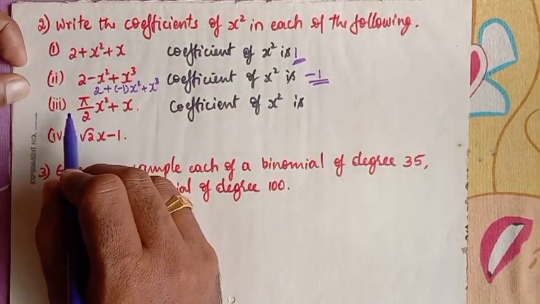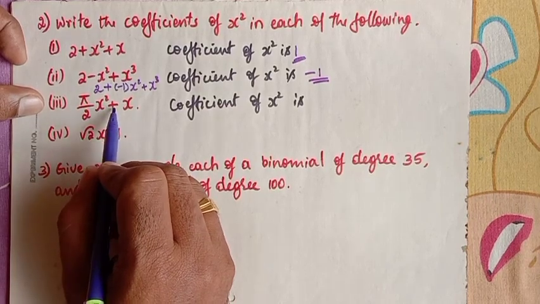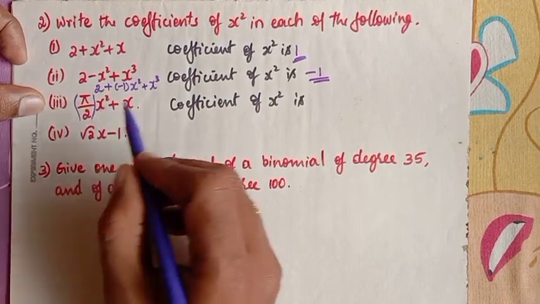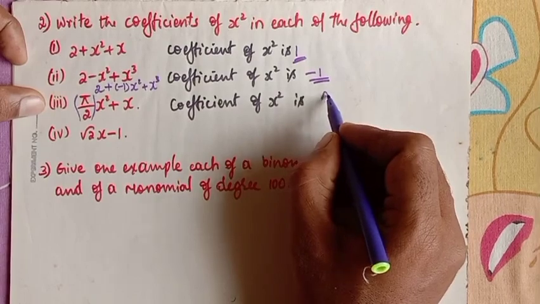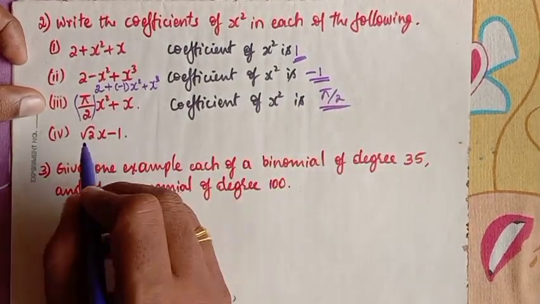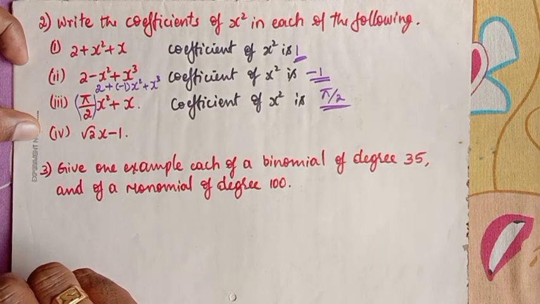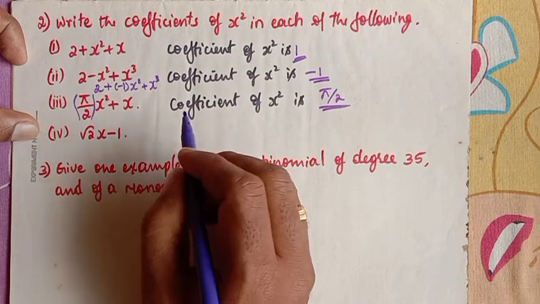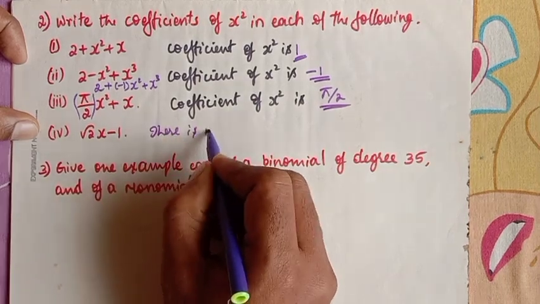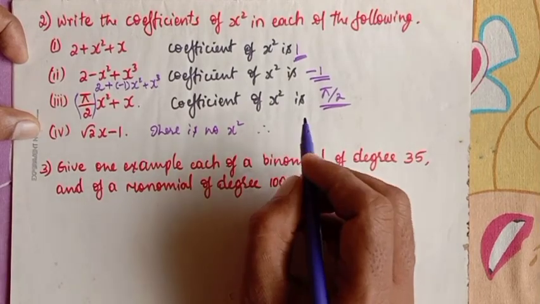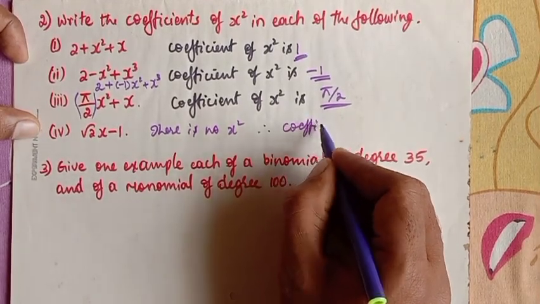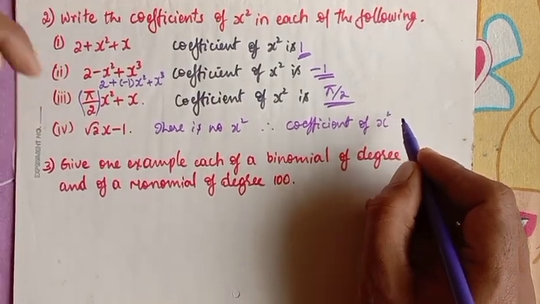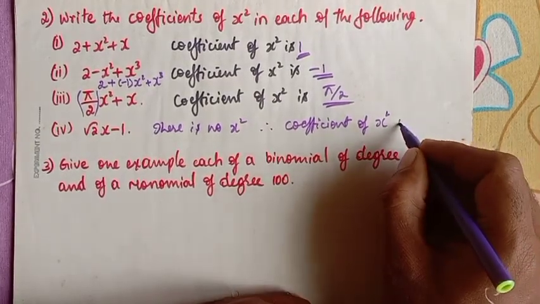What about the third case? It is pi by 2 x square plus x. So, in this case, pi by 2 into x square, that is, the coefficient of x square is pi by 2. In the fourth case, here there is no x square. In this polynomial, there is no x square. Therefore, the coefficient of x square does exist.